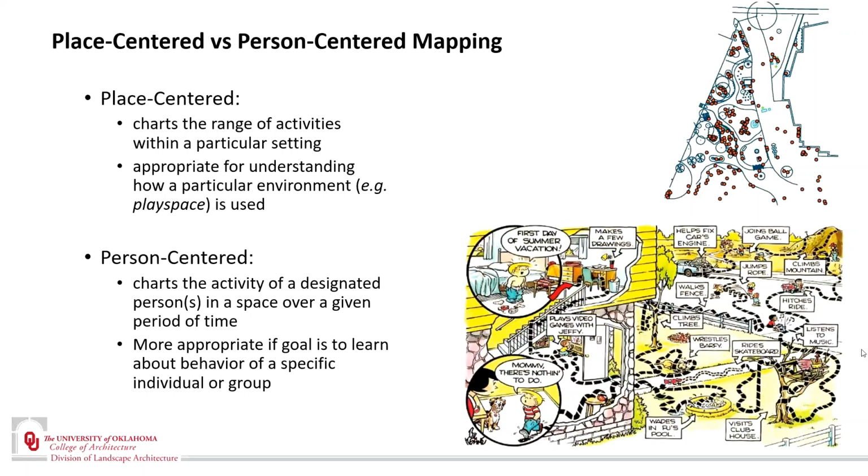What's nice about person-centered behavior mapping is it does start to highlight that relationship between the design of the physical environment and behavior, but we get to understand the demographic influence over behavior as well. So we can look at gender, depending on what types of information we can collect from the individual.